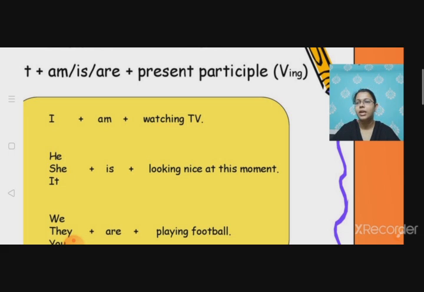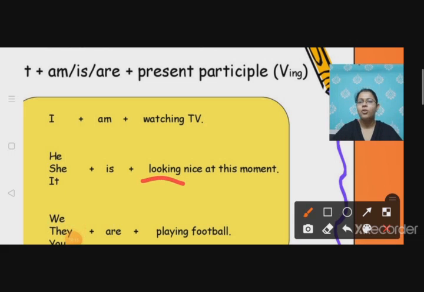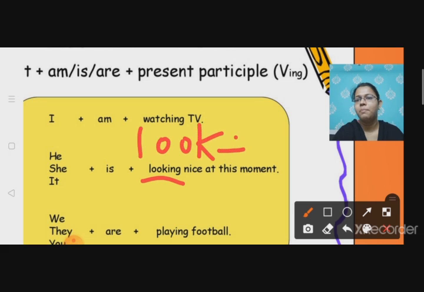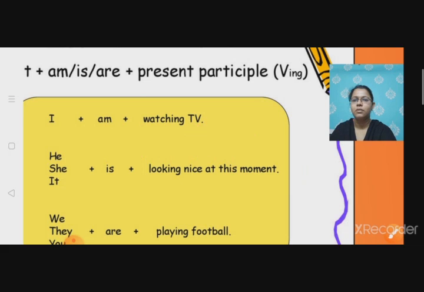He, she or it is looking nice at this moment. So here the verb is looking. And for looking, you can see we have used LOOK plus ING. So the verb base form is look plus ing, which is a present participle.